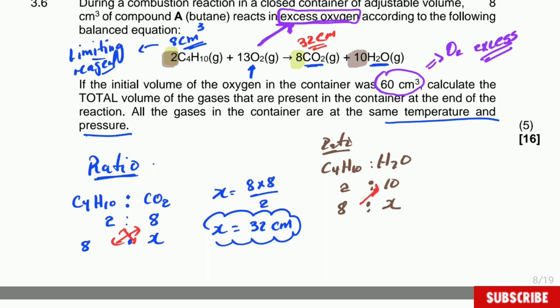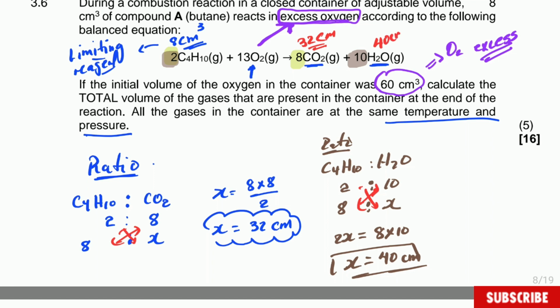You get cross products once more, guys. Then you get that 2x is equal to 8 times 10. This one is simple math, guys. So x will be 40 cubic centimeters. And now we know that at the end of the reaction, we have 40 cubic centimeters of water.